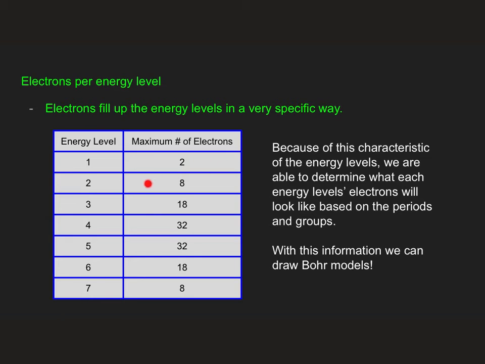The reason these fluctuate so differently, notice that it's only 2 in the first one, 8, 18, 32, 32, 18, 8, because you actually find out there's 4 types of orbitals that can make up a different shelf. And the way they fall into those depends on how many can be in there. They're called the S, P, D, and F orbitals.